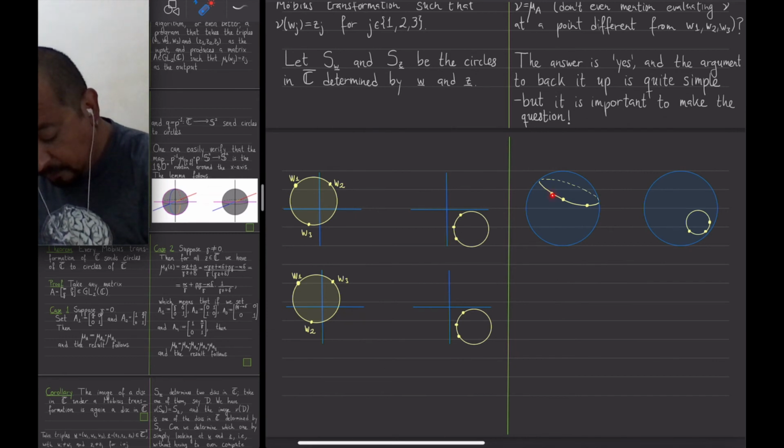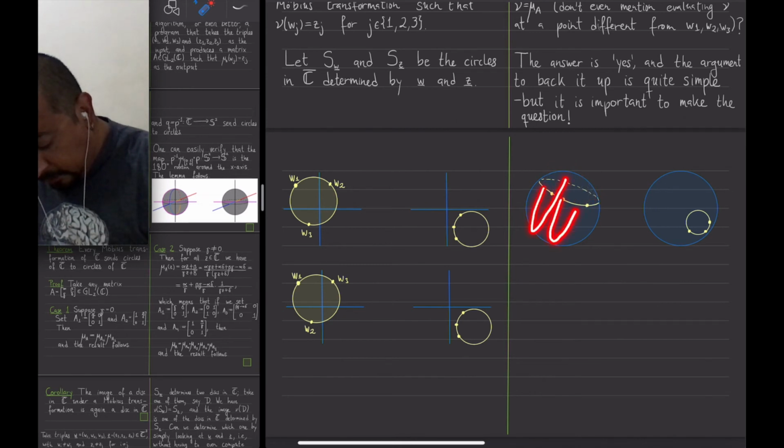So for instance here, if this is W1, W2, W3, then I would have to traverse the circle this way, and then this disk would become the one traversed clockwise, and this other disk the one traversed counterclockwise.